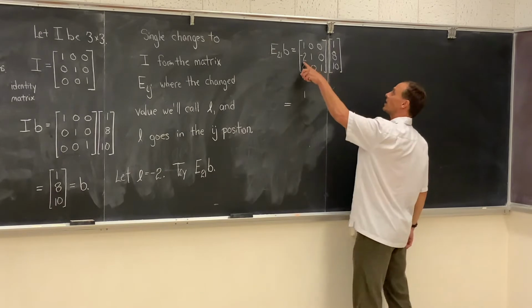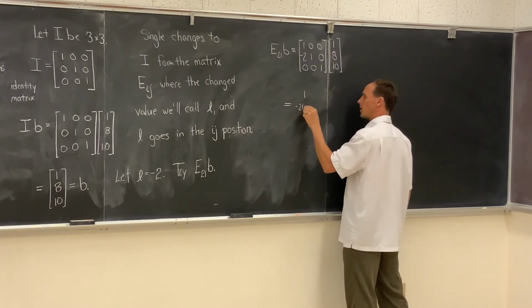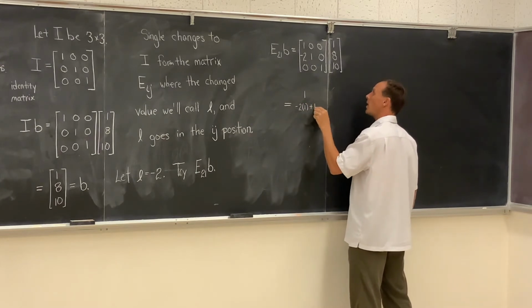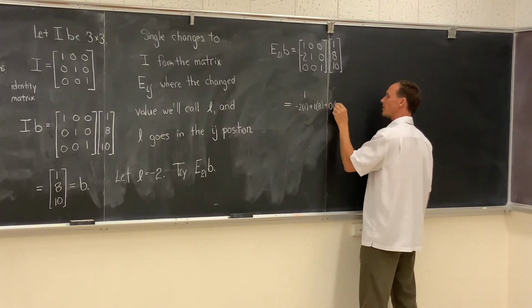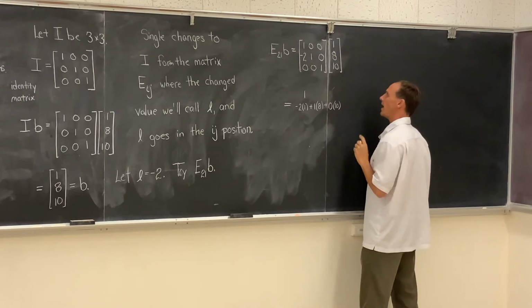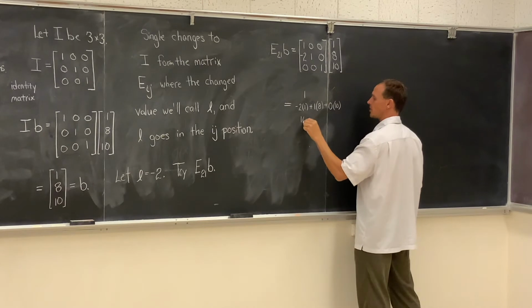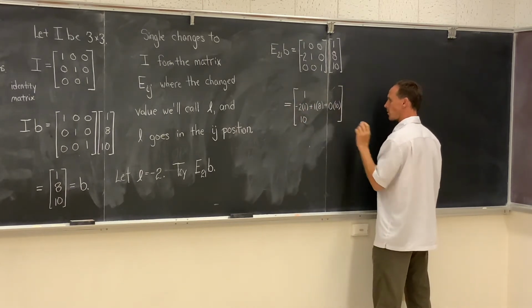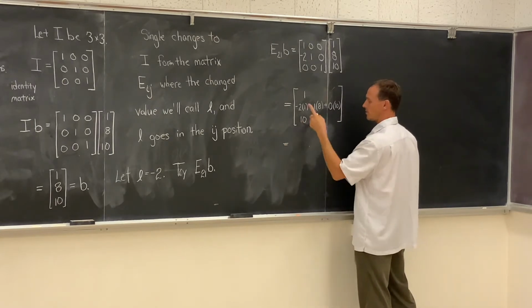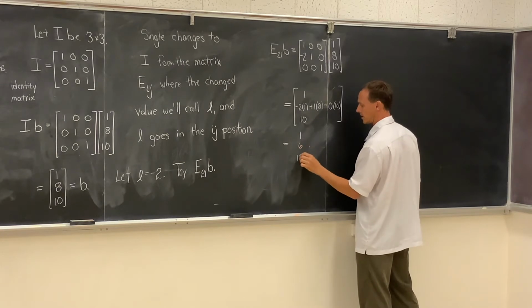It says you take -2 times the first, times 1, you add 1 of the second row, which is an 8, plus 0 from the third row, the 10. And row 3 is going to remain unchanged. This gave me the result of 1, then -2 plus 8 is 6, then 10.